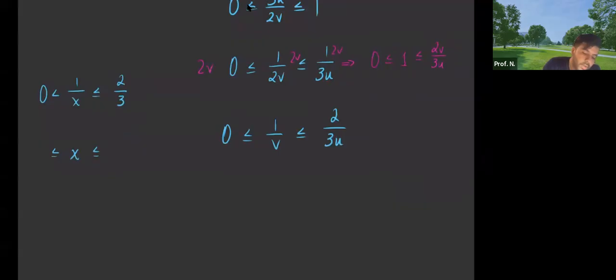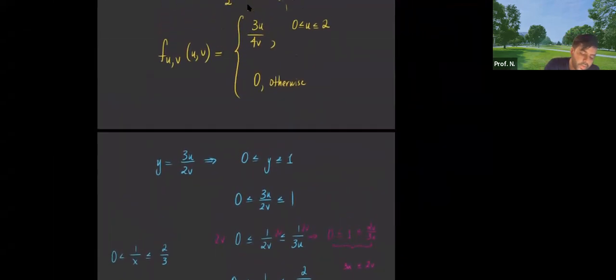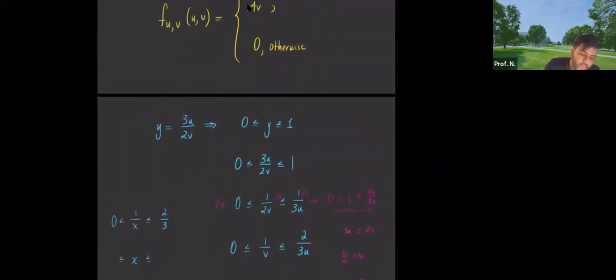So actually, if that's the case, then from here, we can multiply everything by 3u. There's a whole bunch of multiplication going on. And we get that 3u is less than or equal to 2v. Or in other words, v is greater than or equal to 3u over 2.